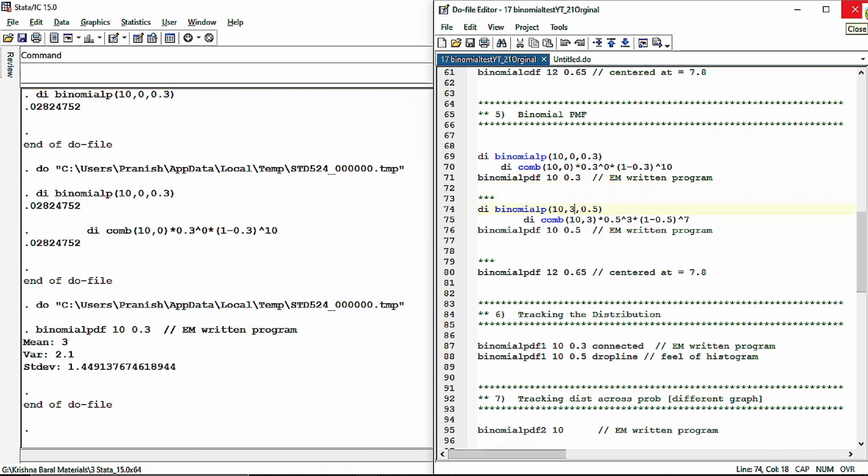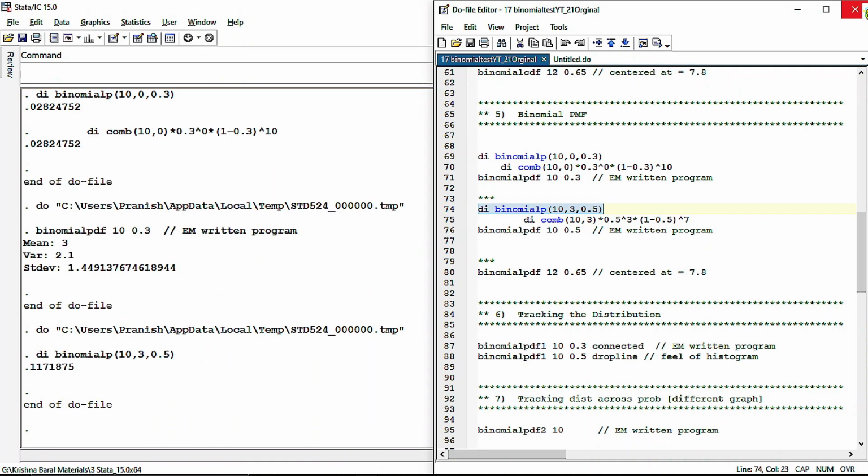Now this time we need 3 successes out of 10 trials, and the probability of success is 50%. The probability of success has increased, so let us see what the value is. The value has also increased, and this is the typical formula.